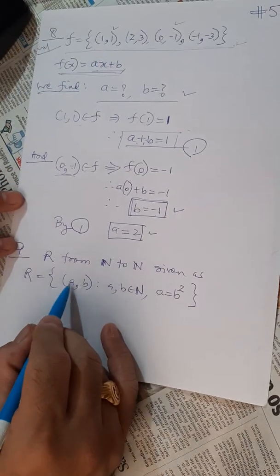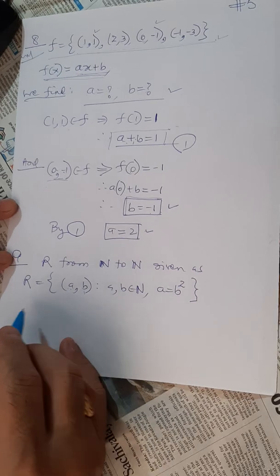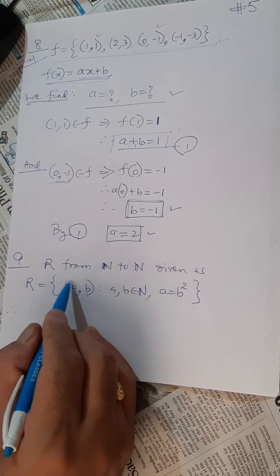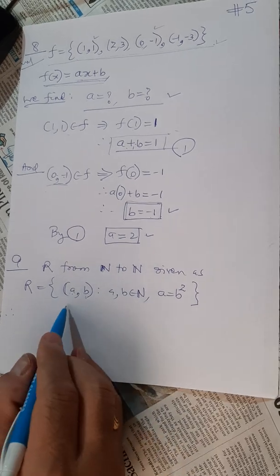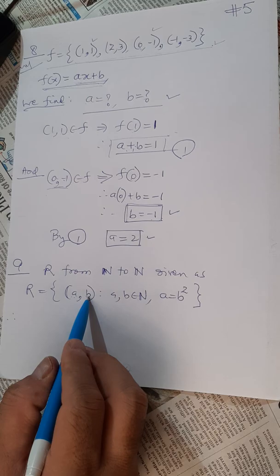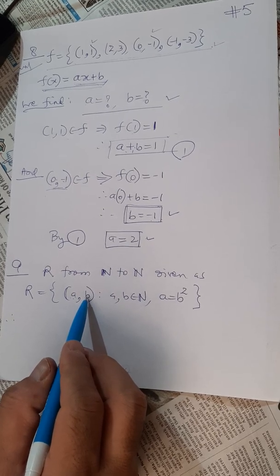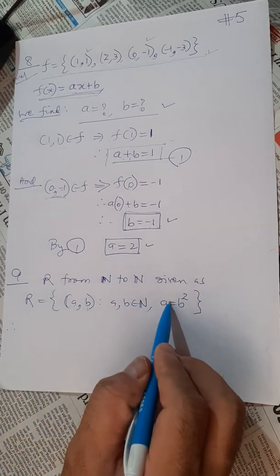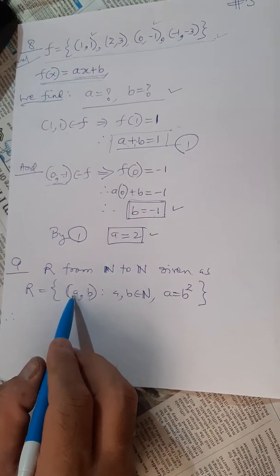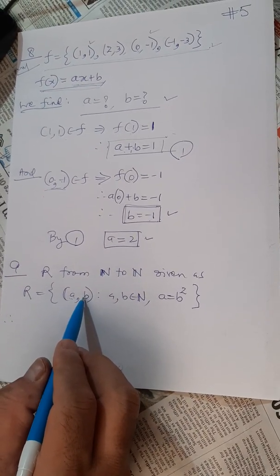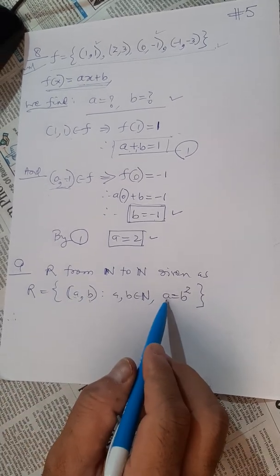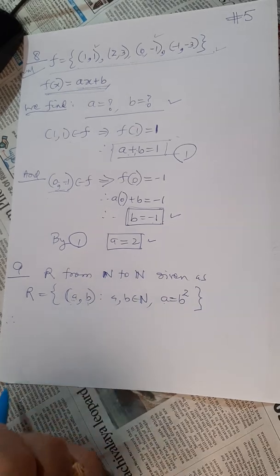That means the first number is the square of this. So here if I choose 1, for example b is 1, then this will be 1 square, so both are equal. But if I choose 2 here, then a should be 4 here.